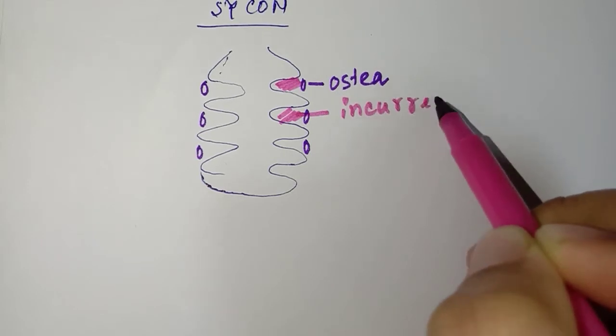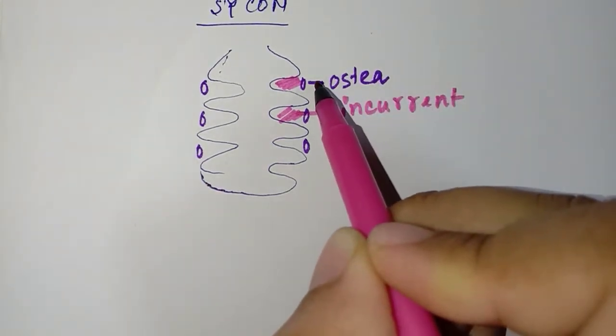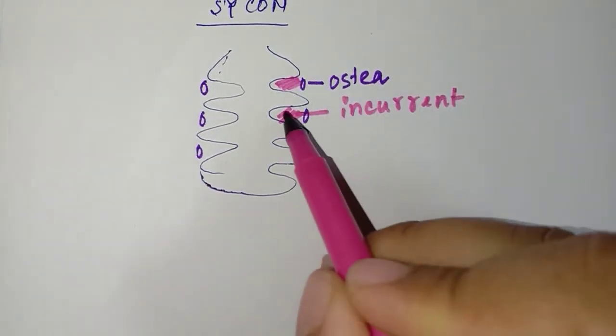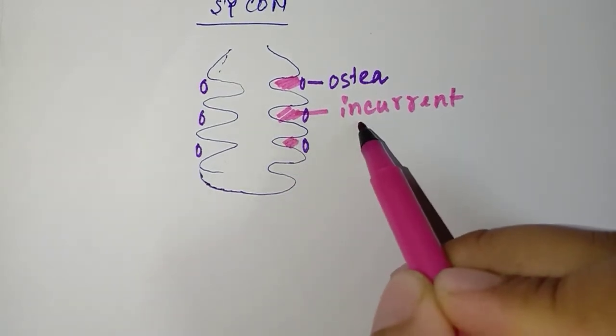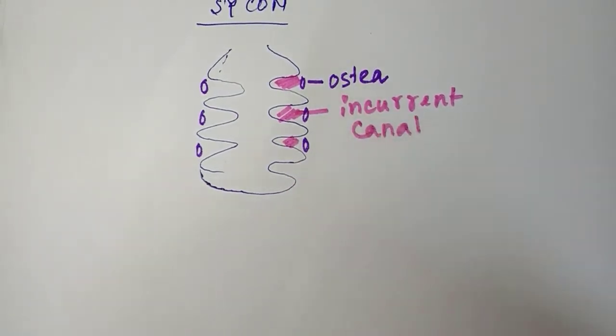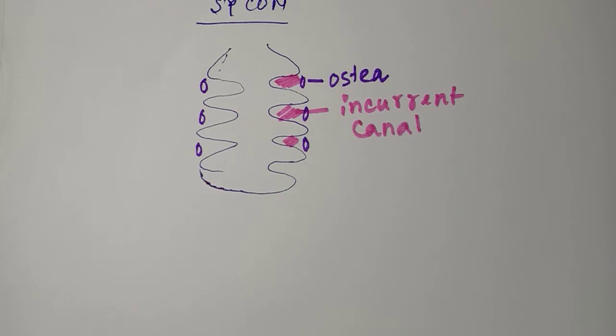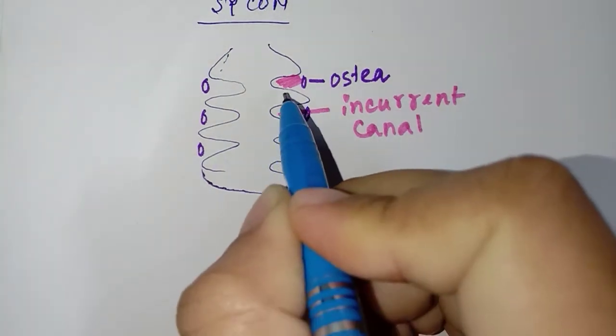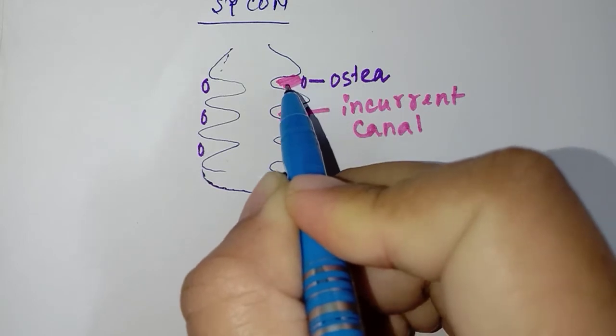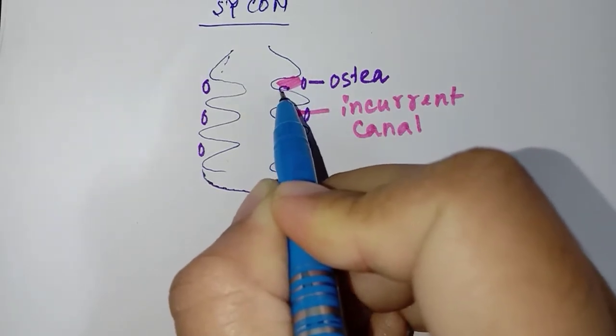So this water enters first of all with the help of the ostia into a canal. This canal is called the incurrent canal. Now from this incurrent canal, the water will enter into another canal. Now what is that canal called? Water will enter inside the incurrent canal.